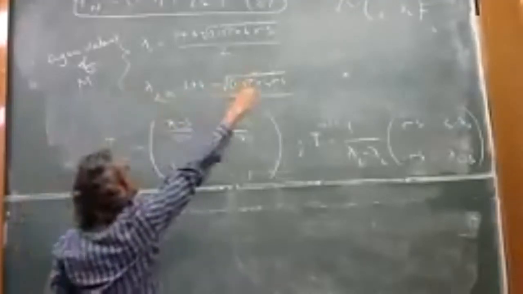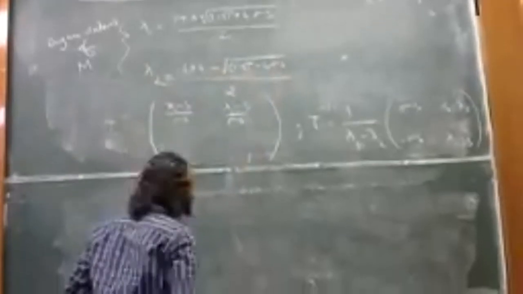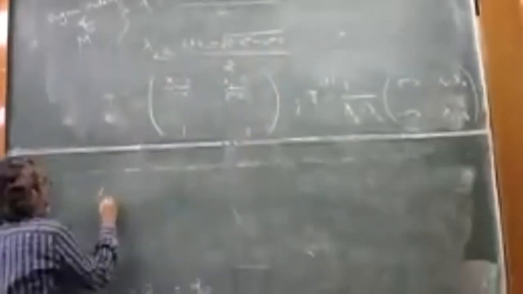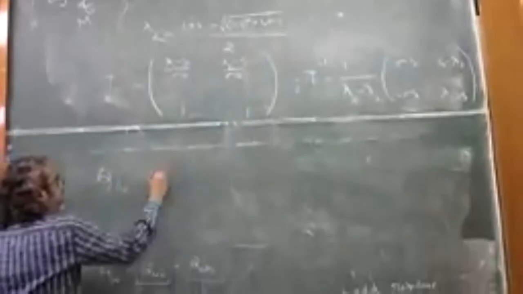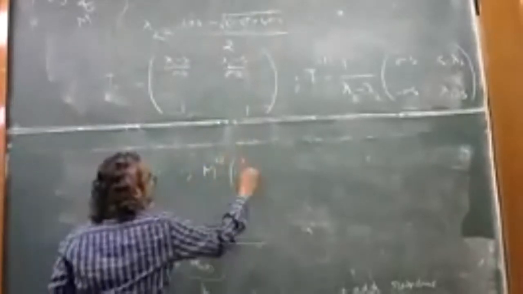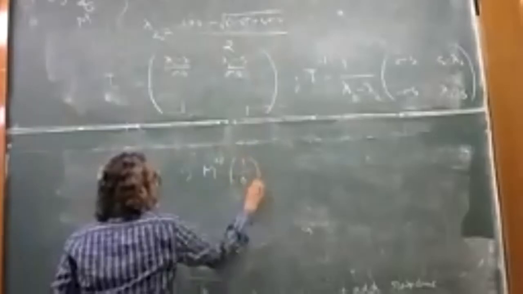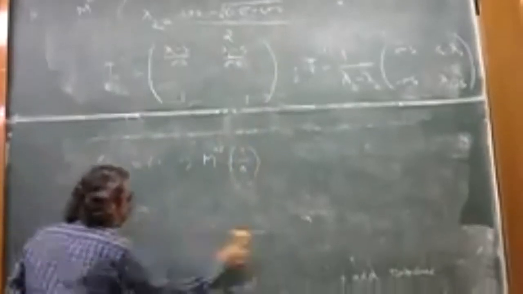So M power n will be much easier. Finally, you will get Qn, which is nothing but 1 M power n 0. So this will give you a beautiful expression in lambda.